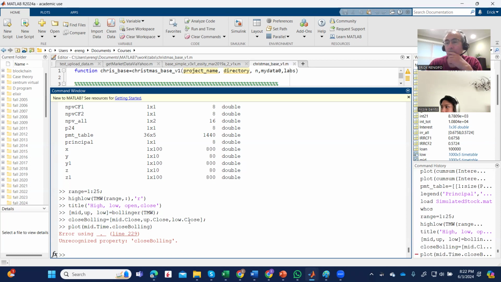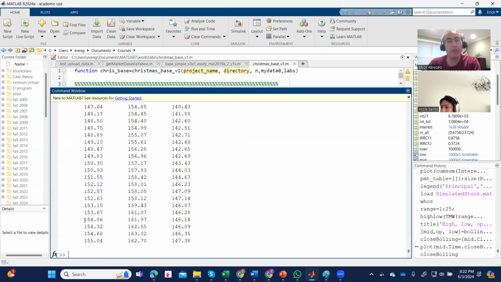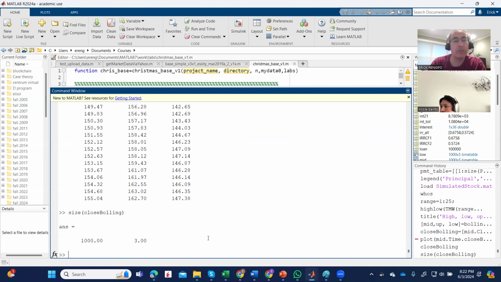So Y is not accepting low close. One second. Yes, we have everything. So Y is complaining. Okay, so I have middle, upper, mid, up, and low. The Bollinger is good. Then I should have my plot.